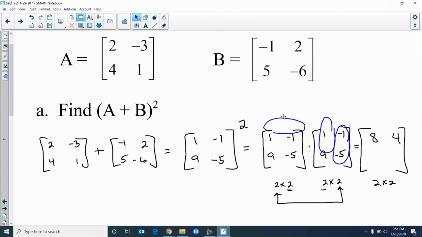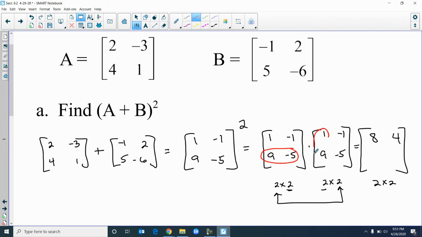Okay, so now I did row 1 times both columns. Now you move down the rows. Go to row 2 times column 1. Well, what's that give us? 9 times 1 is 9, plus -45. That adds up to -36.